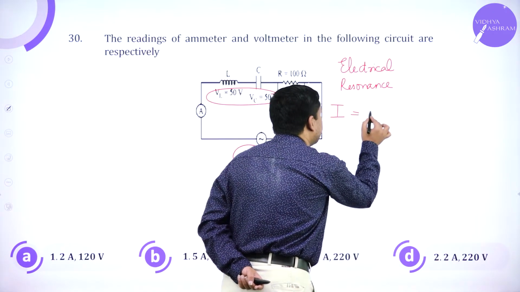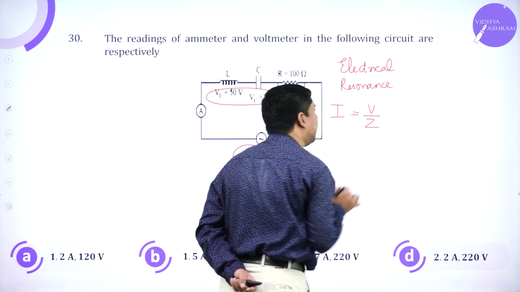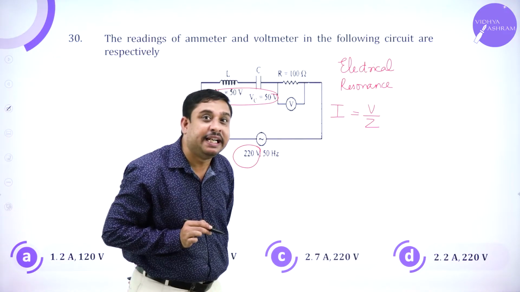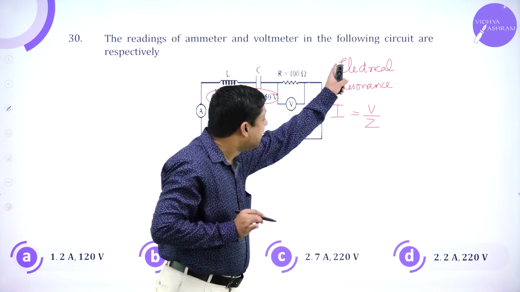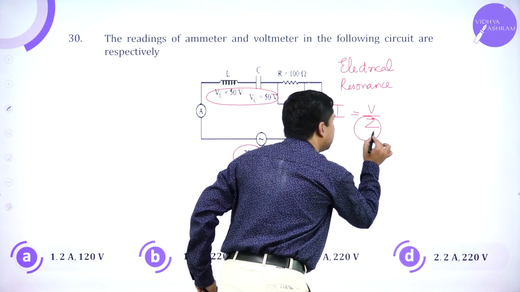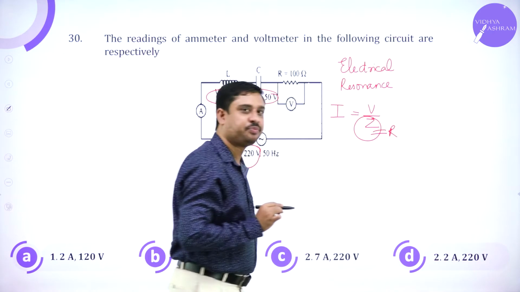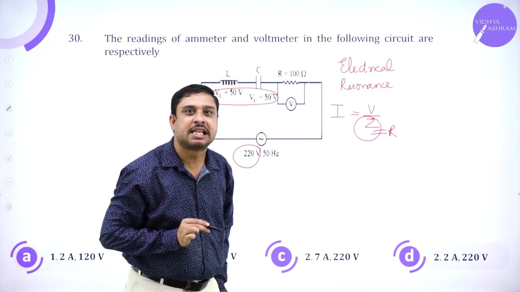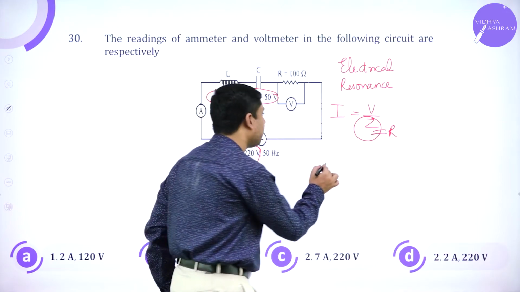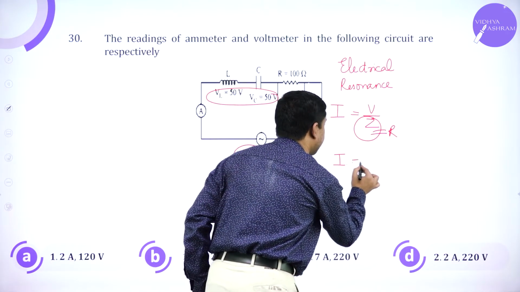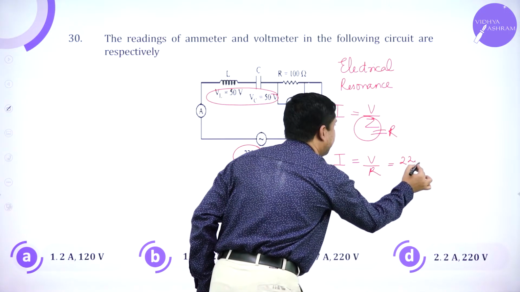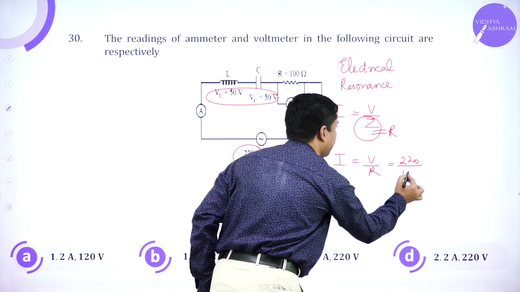I is V by Z. Since it is an AC circuit, impedance. But since the circuit is already in electrical resonance, the Z is nothing but R. Whenever electrical resonance is achieved, Z is equal to R. Therefore, I equals V by R. 220 by R, R is 100.